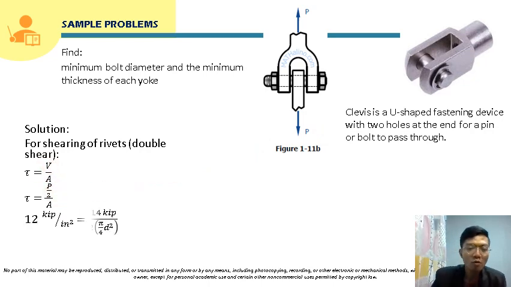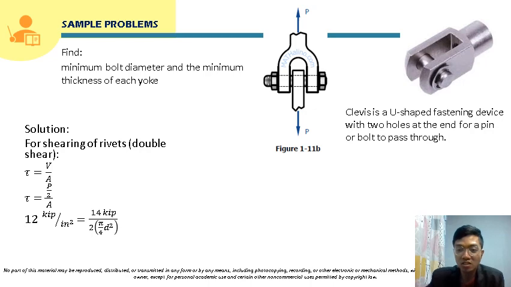Now for the allowable shear stress, that is 12 ksi, or kips per inch squared. That will be equal to P over 2, where the allowable load P here is 14 kips, and we bring the 2 down here.